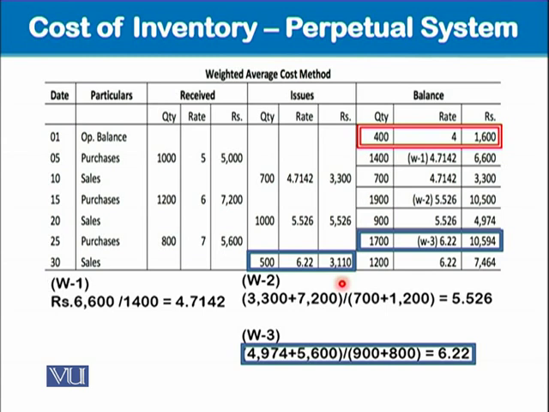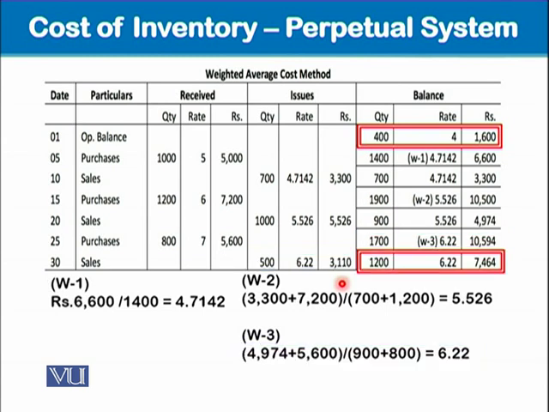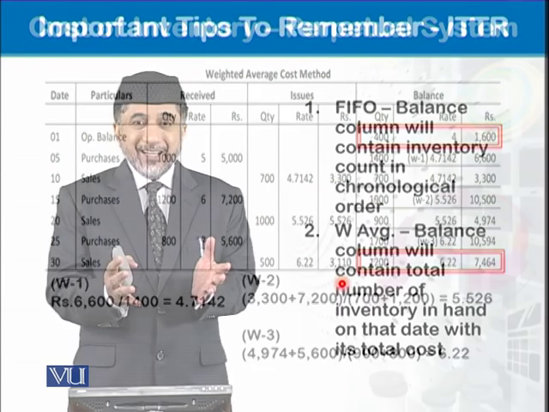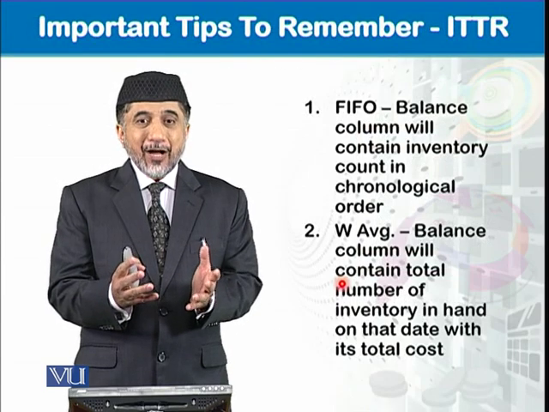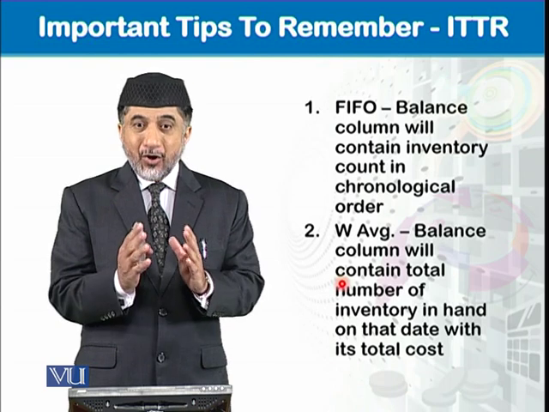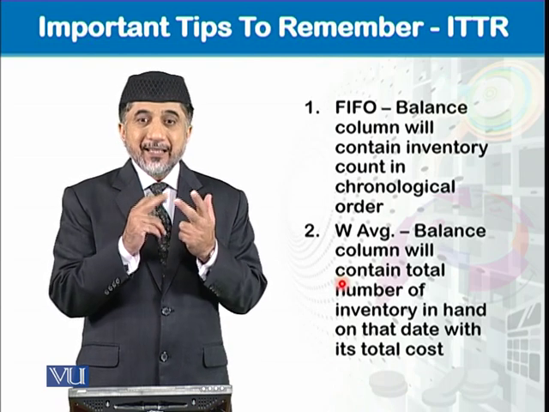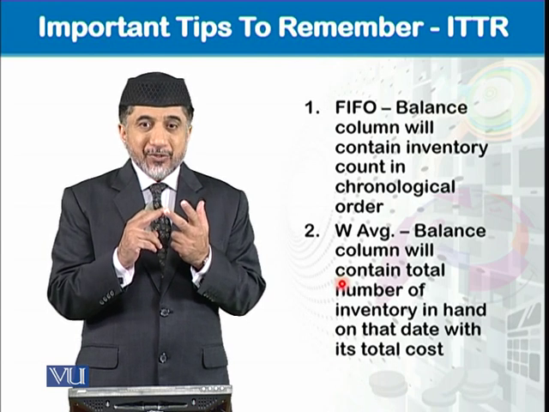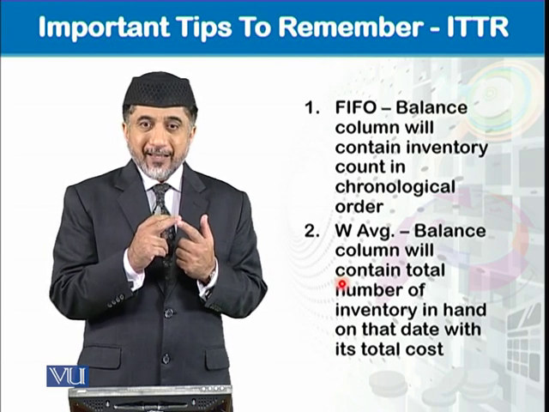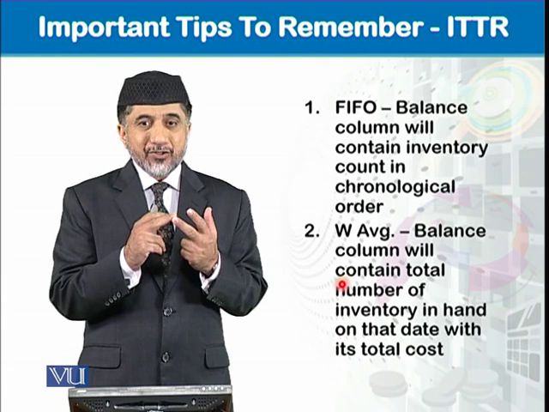So after doing this, our closing balance is 1,200 units at the rate 6.22, and the amount is 7,464. So this is what we now understand, how to calculate cost of inventory under the periodic system and under the perpetual system by using first in first out method and weighted average cost method.